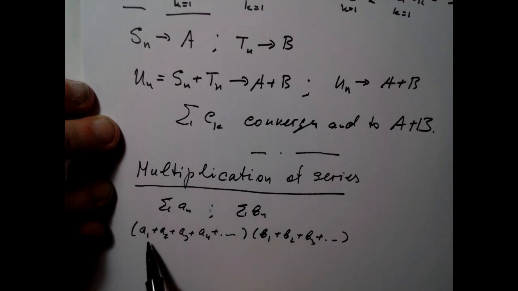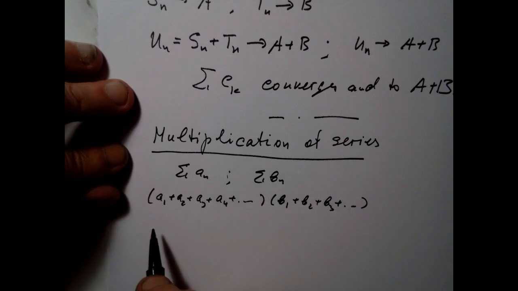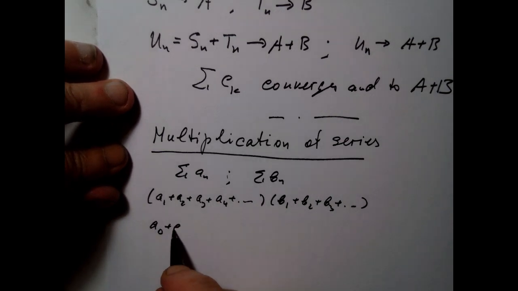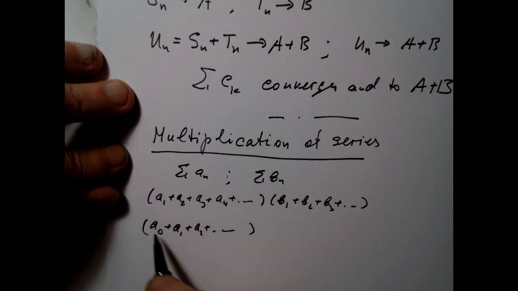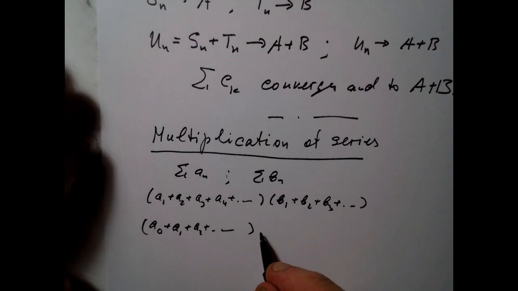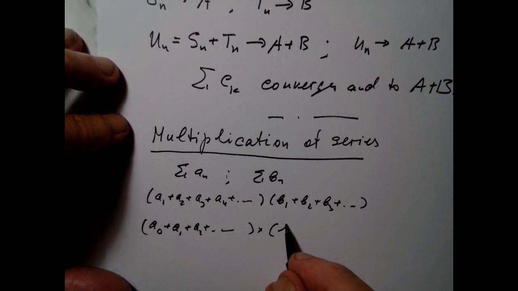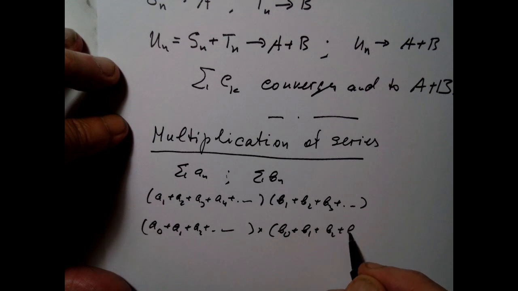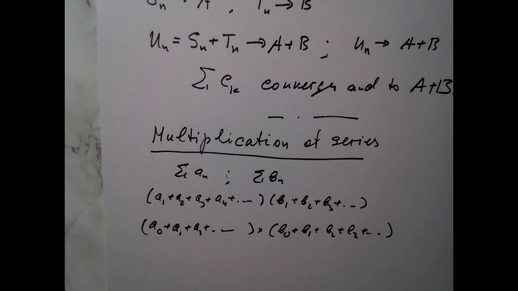Maybe I should have started, I would have been better off, so let me rewrite it. I will start with a0, so it will be a0 plus a1 plus a2 plus etc. So I'm starting my indexing at 0, and I want to multiply it by b0 plus b1 plus b2 plus b3 plus etc. And so how do I multiply this series?